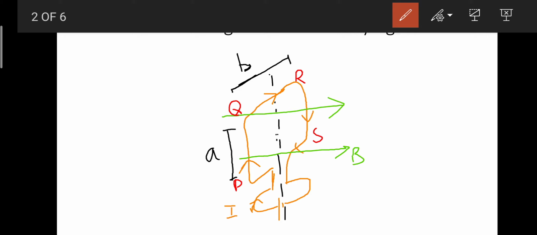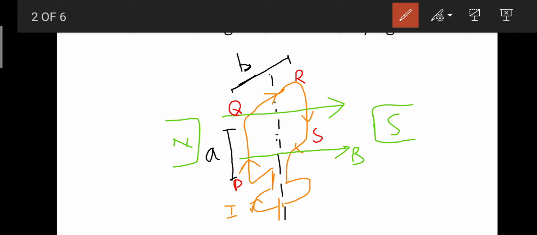I have given the name PQRS to this coil, and this coil is placed in a magnetic field such that there is the north pole of the magnet here, and here is the south pole of the magnet. So that's how the field is going to be.